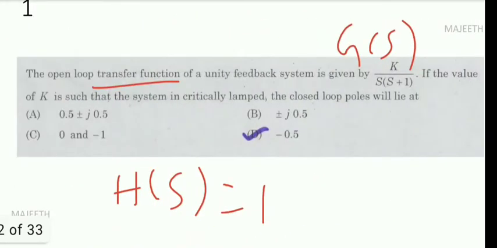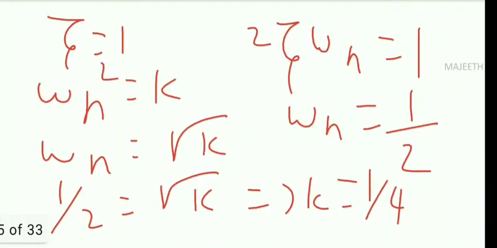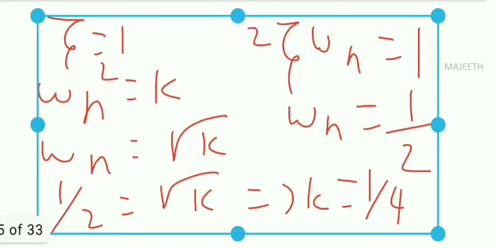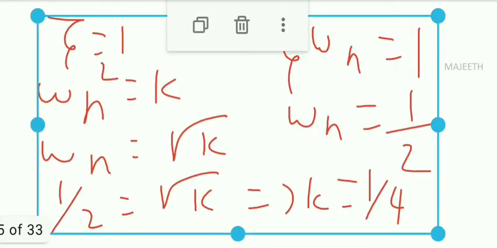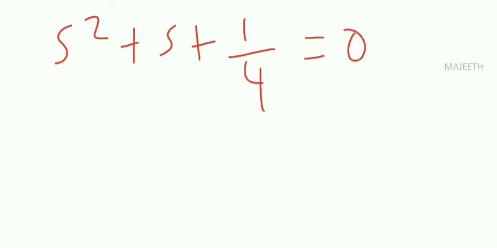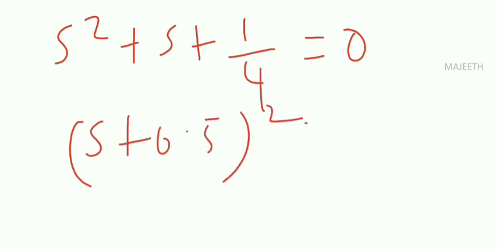Now we found the k value, but what we have to find is the closed loop pole. So where will our closed loop pole be? So k is equal to 1 by 4. What is my denominator then? s square plus s plus k. Instead of k, I substitute 1 by 4. The denominator gives the pole value. If you simplify, it will be s plus 0.5 whole square, equal to 0.